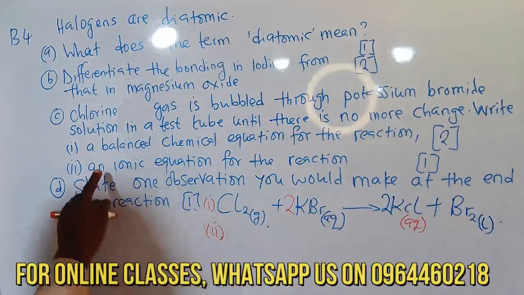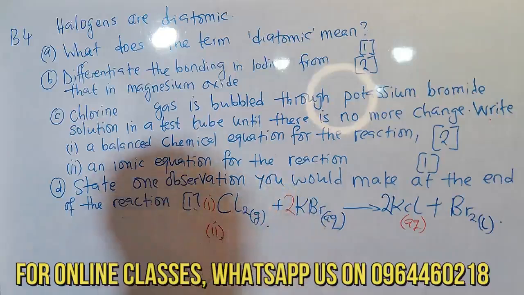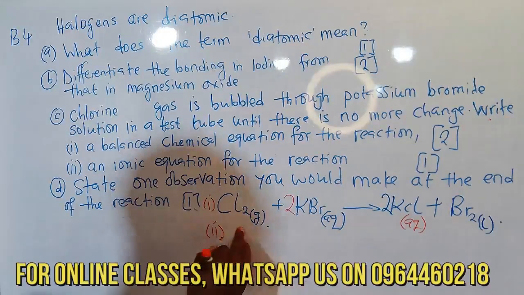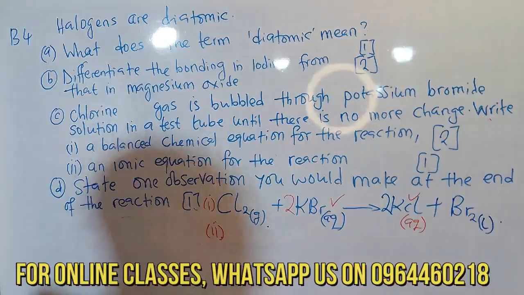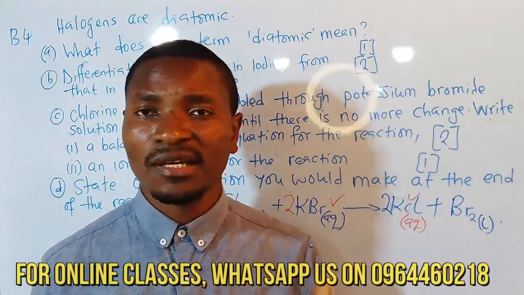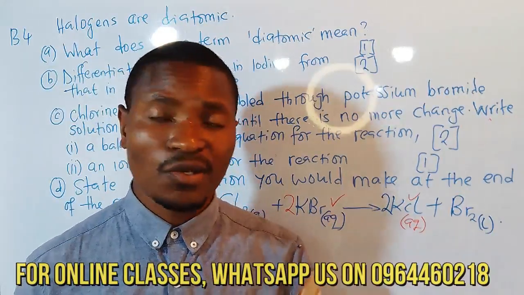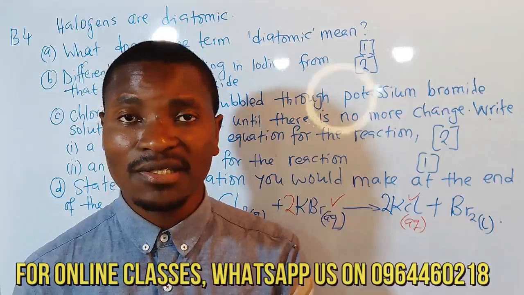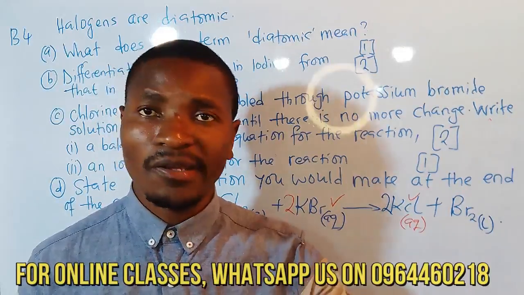Now the other question is, write an ionic equation for the reaction. You only consider those that are in aqueous form. Whenever you're writing an ionic equation, we only break down those that are in aqueous form. If it is in liquid or gaseous form, we don't do anything, we just leave it the way it is.